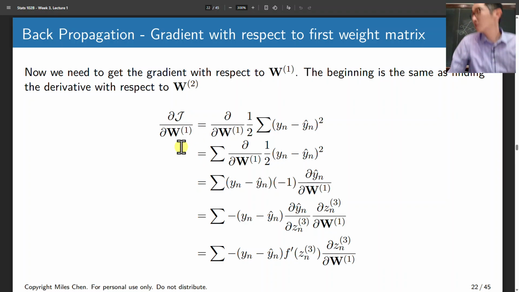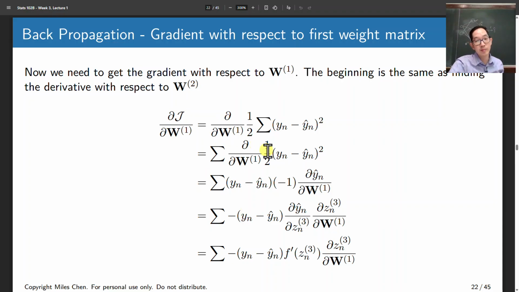So we have the outputs. These are going to be our y hats. Well, this gives me z, and then we apply the activation function. This gives me my y hats, right? So we're going to find how it changes with respect to W1.